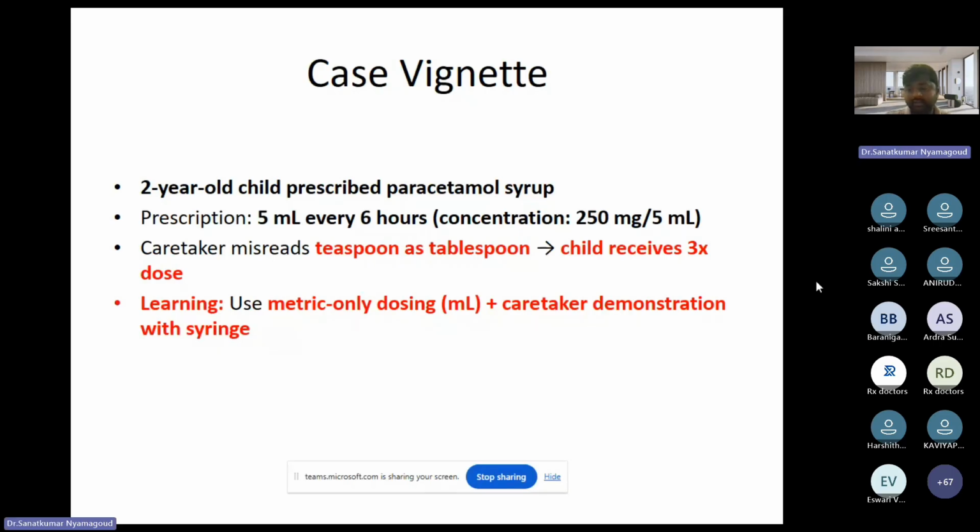There are even syringes available to give pediatric dosing, which I will try to demonstrate in the next slides. So we need to understand that metric dosing is very, very important. We should use only metric dosing when we are providing any syrup, especially in pediatrics, because most of the time we use syrups. So we should educate them.